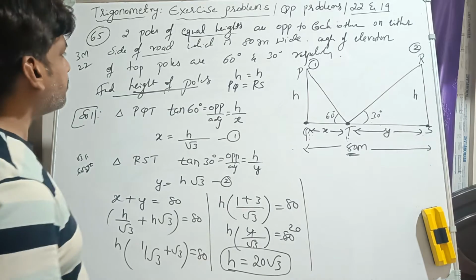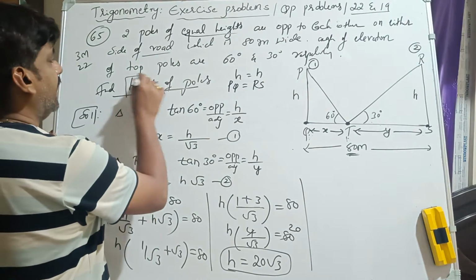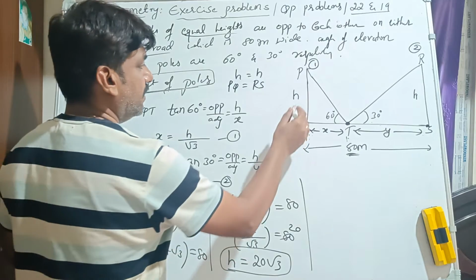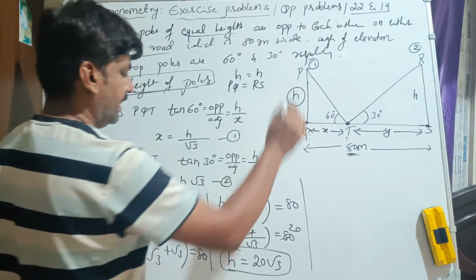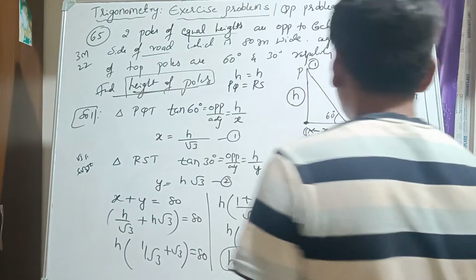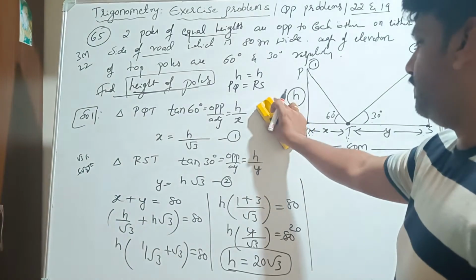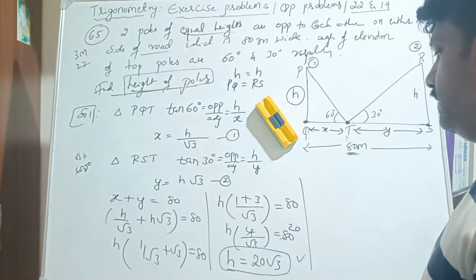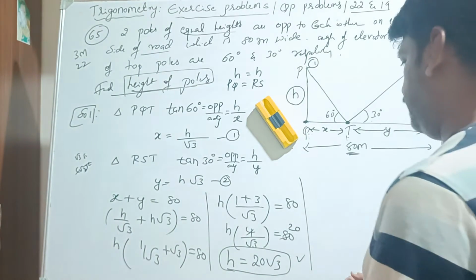Now what are they asking? Finding the height of the poles. The height of the pole is H, that is 20 into root 3, and that is what you should answer. Is anything left out?